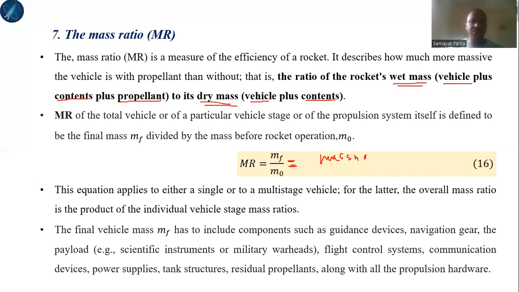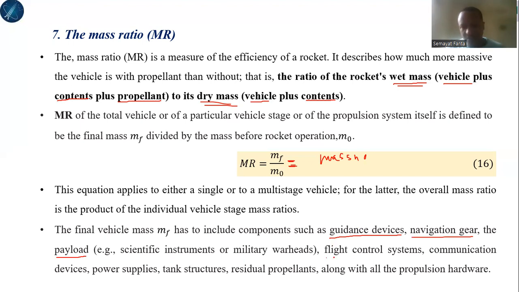Okay. So the final vehicle mass MF has two included components, such as the guidance system. The vehicle system alone, or dry mass of the vehicle, contains the rocket structure plus guidance device plus navigation device plus the payload, which is instrumentation and other things we put into space. This includes maybe scientific instruments, maybe military warheads in the case of a missile.